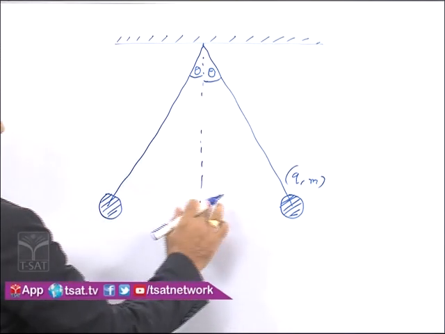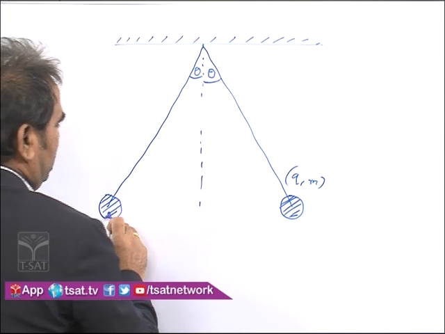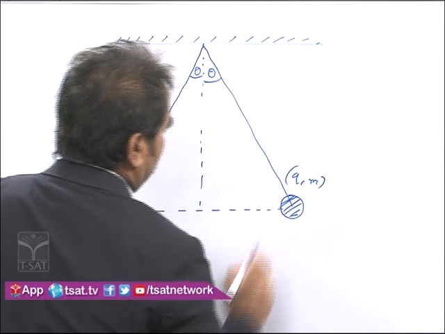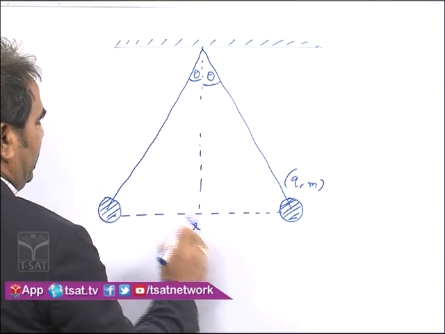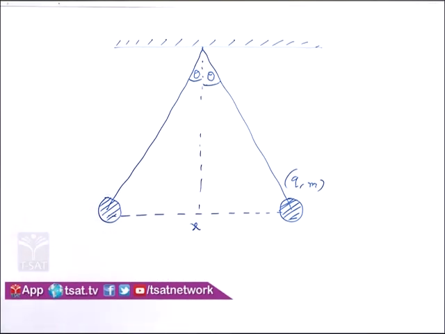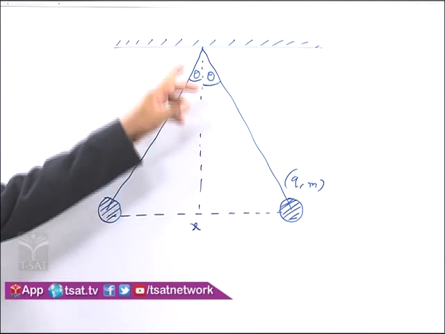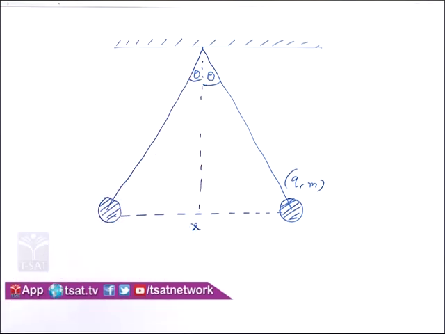At the equilibrium condition, let these two balls be at a distance of x from each other. We wish to find the dielectric constant of the liquid.